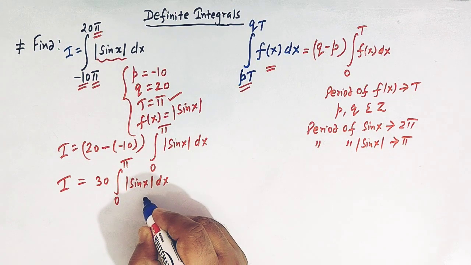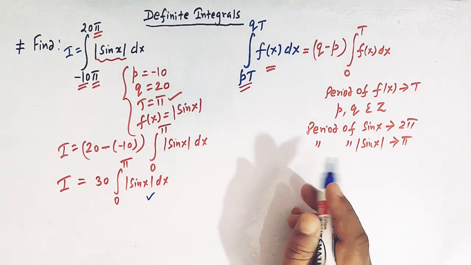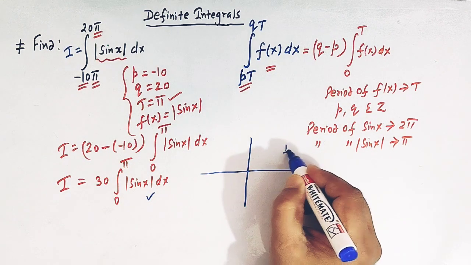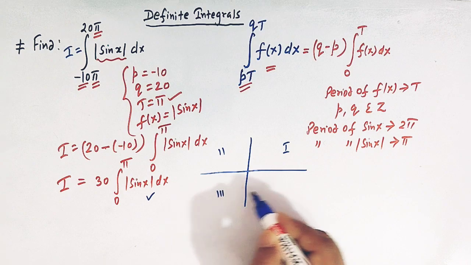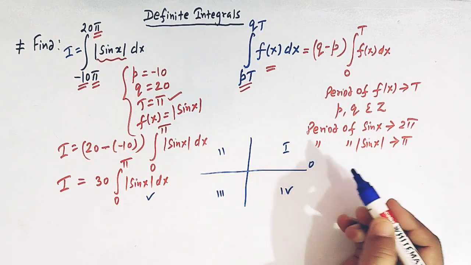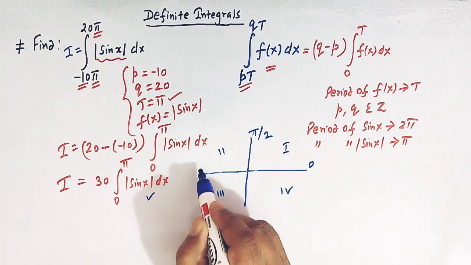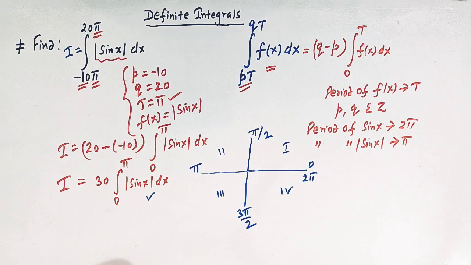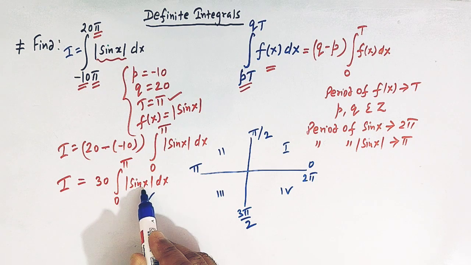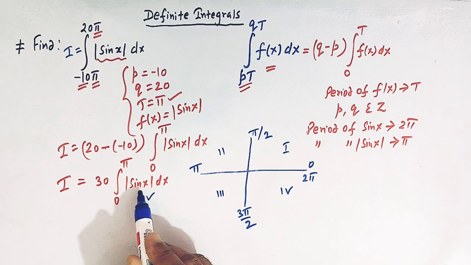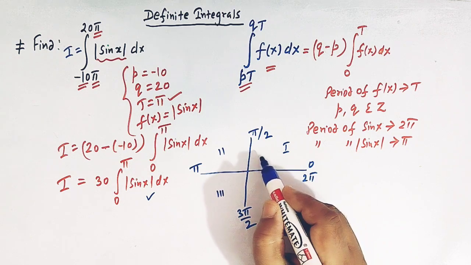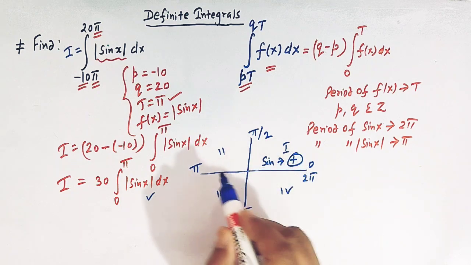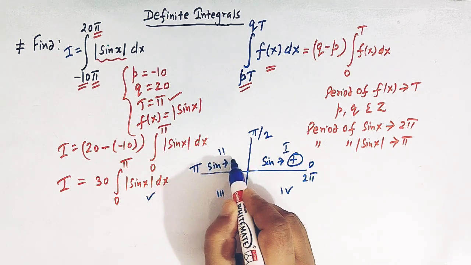Now to evaluate this integral, we'll take help of the sign convention in trigonometry. So this is the first quadrant, this is the second, this is the third, and this is the fourth. Here we have 0, here pi by 2, here pi, here 3 pi by 2, and here 2 pi. Now see, here we have mod of sine x, so we'll consider only the sine x function. We know from trigonometry that the sine function is positive in the first quadrant as well as in the second quadrant.